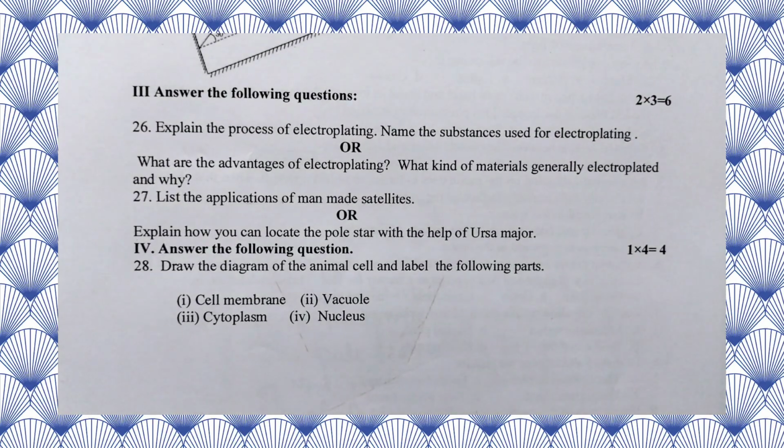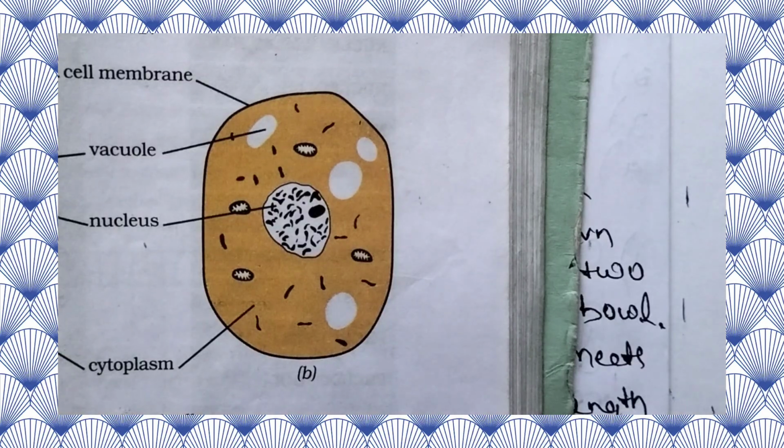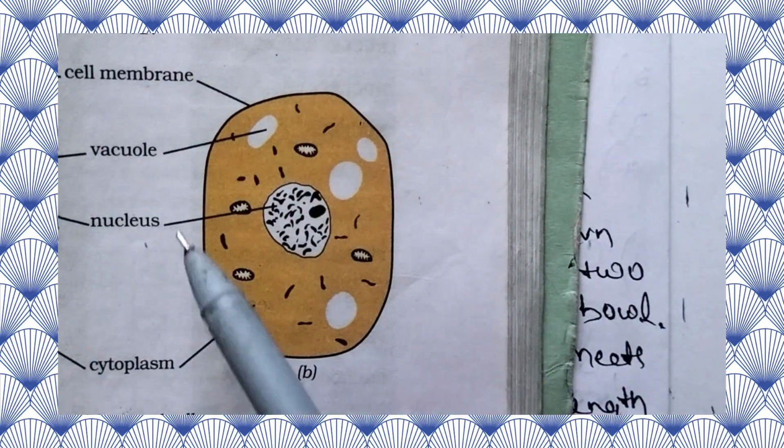Now let us move to the next, 28th question, the last question: draw the diagram of the animal cell and label the following parts. This is the diagram you have to write. This is the animal cell.